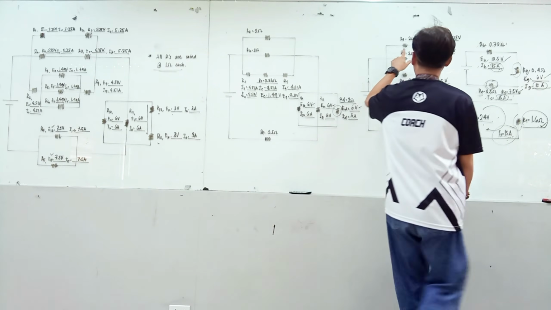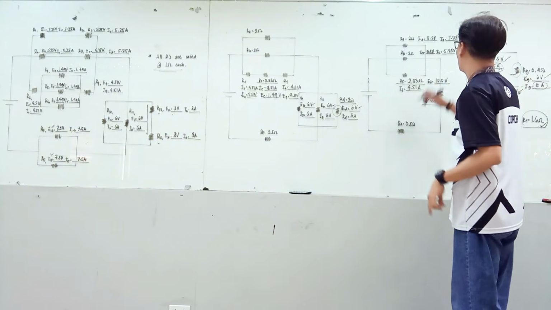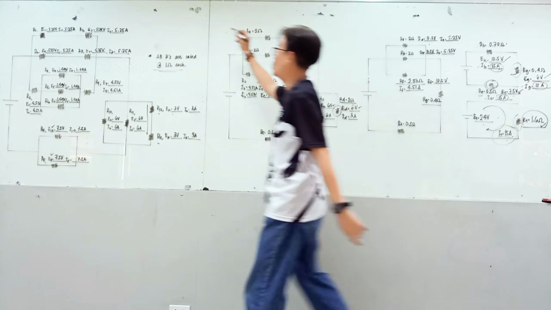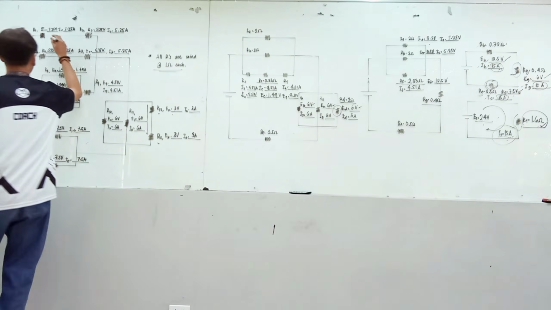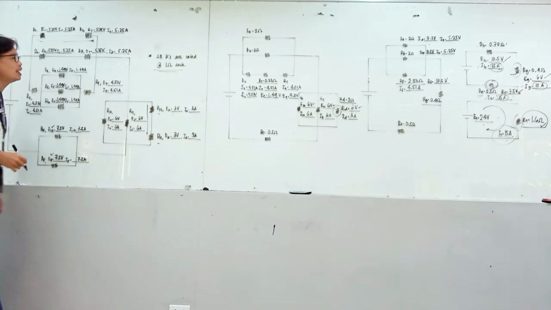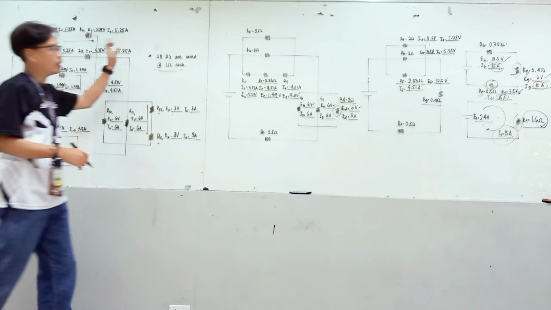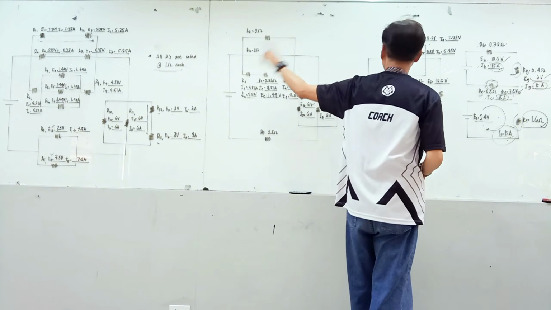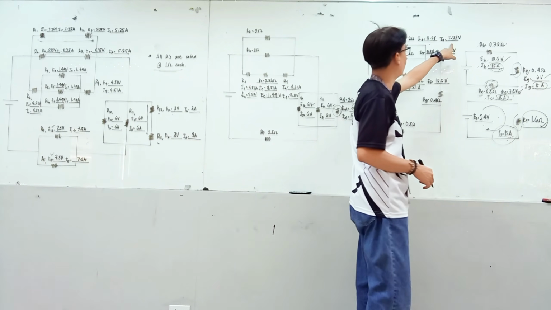Okay, let's start with RA. So, your RA breaks into 2. This is still a series circuit because there's no break in the current; it's series. If it's series, then I is constant. Therefore, whatever the value of the current here, that's the value of the current there, which is equal to 5.25.